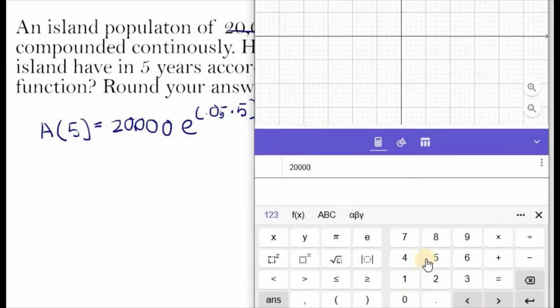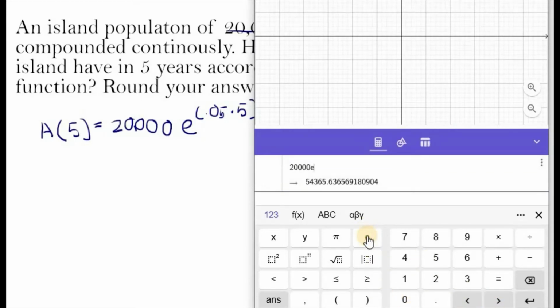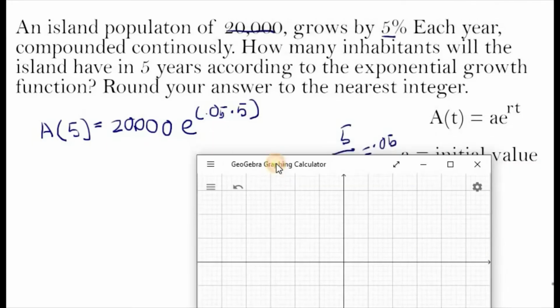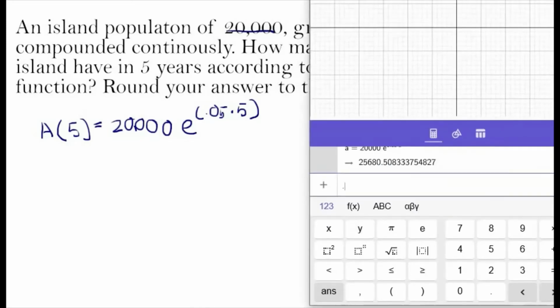Then you'll click on E, raised to, and then you put parentheses, 0.05 times 5, and click enter. And this should give an answer, which is 25,680.508. And you want to round your answer to the nearest integer.